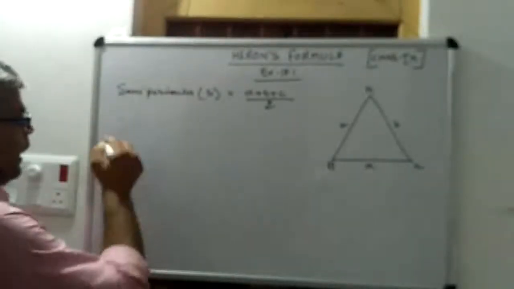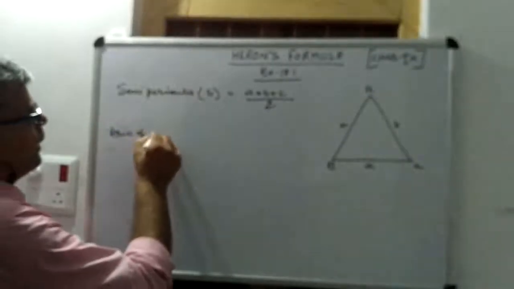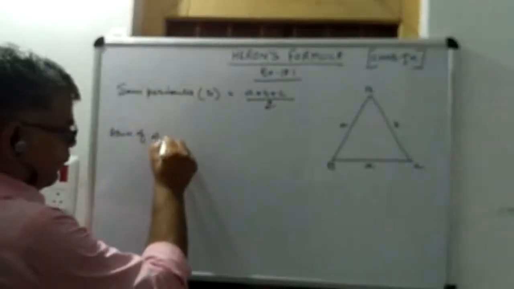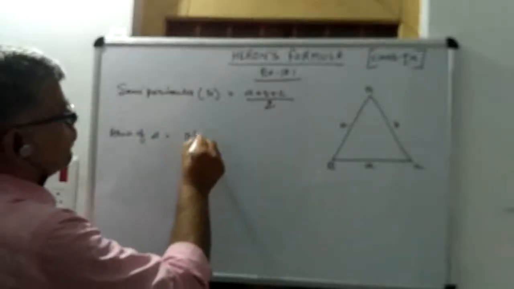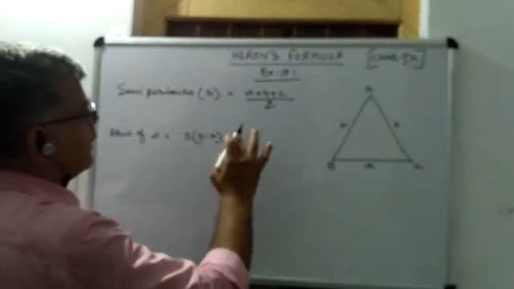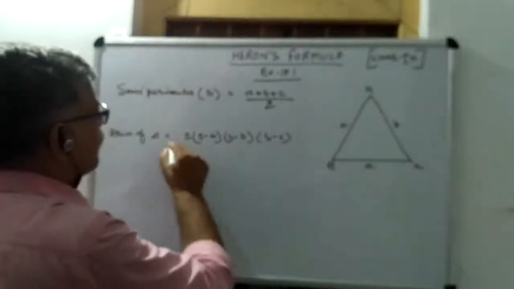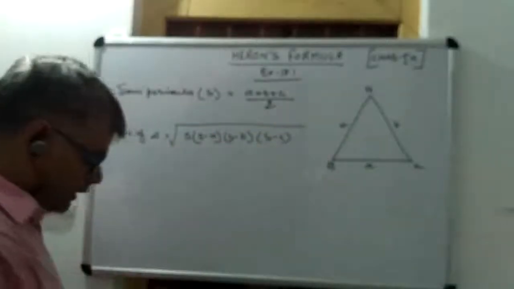So the area of the triangle will be equal to the square root of s(s - a)(s - b)(s - c).